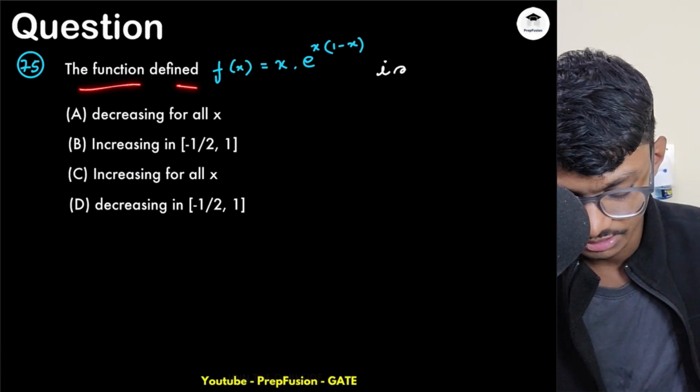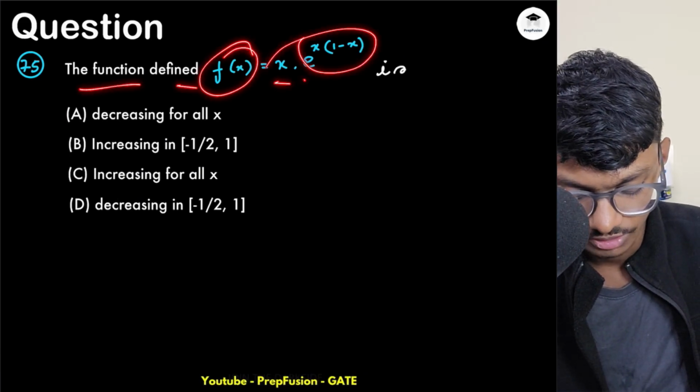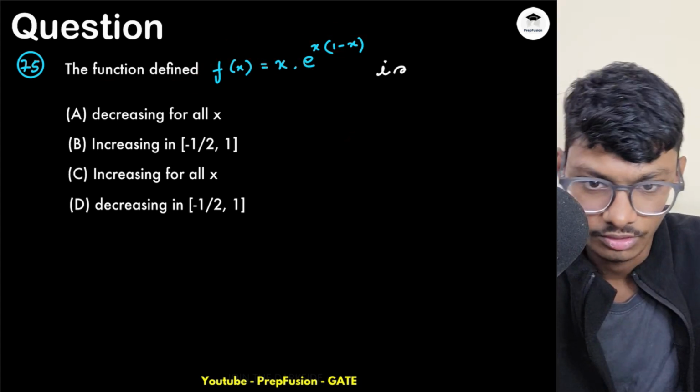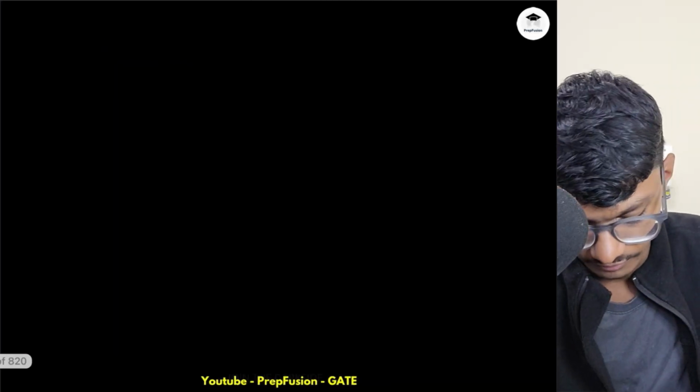So here the function is defined f of x equals x into e raised to power this. Now again, you're talking about monotonicity. What you can do, again you can find the derivative.